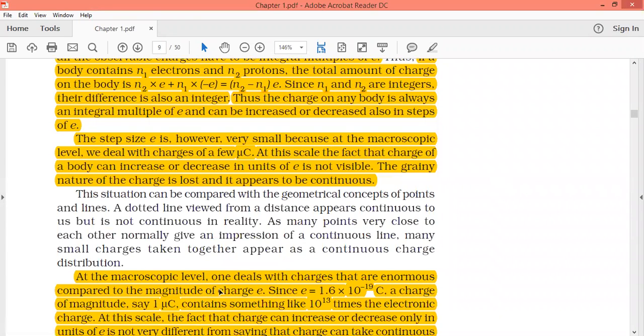So at the microscopic level, one deals with charges that are enormous compared to the magnitude of the charge e. Take a charge of, say, 1 microcoulomb.